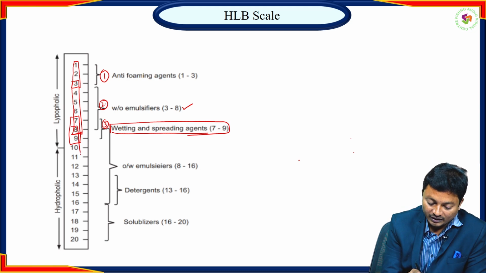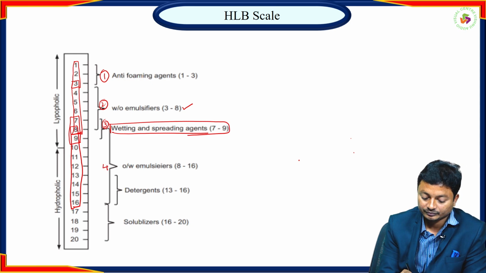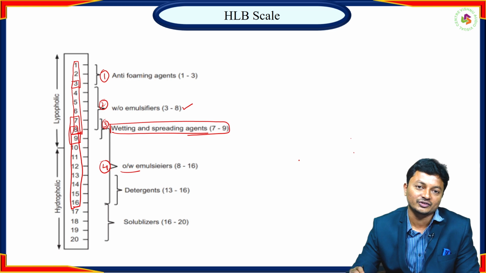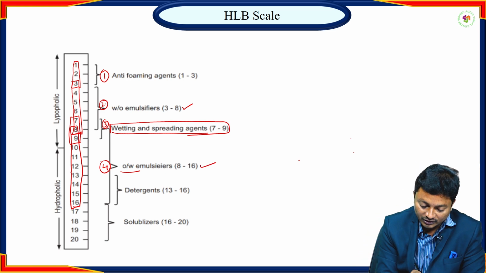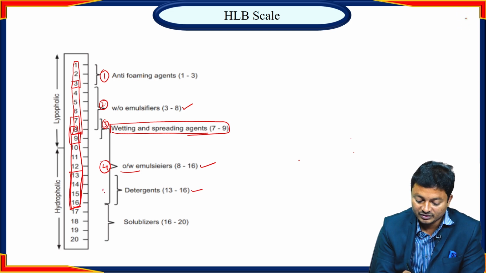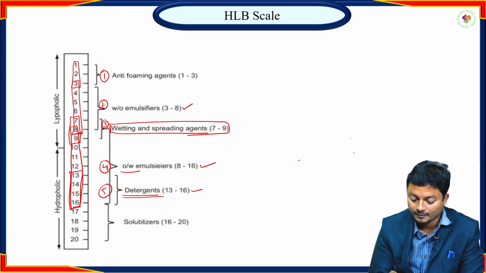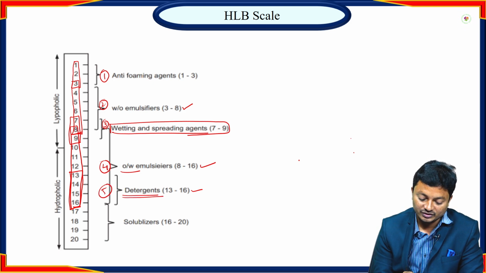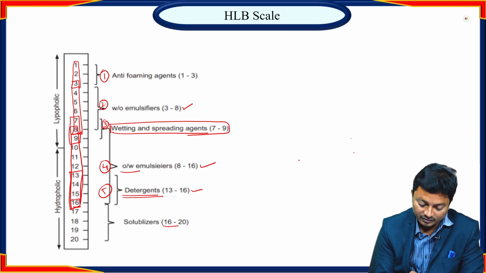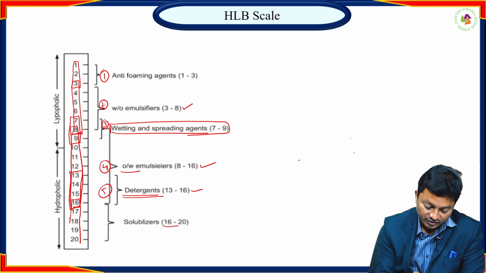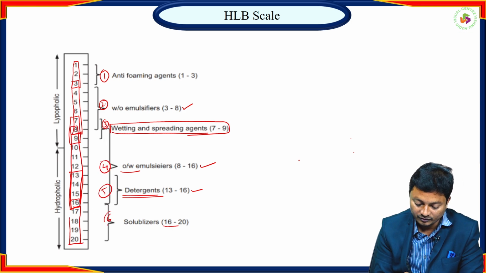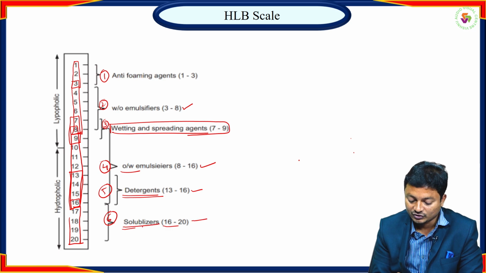From 8 to 16, this is the fourth class, oil in water type emulsifiers. From 13 to 16, these are considered detergents. From 16 to 20, this indicates solubilizers.